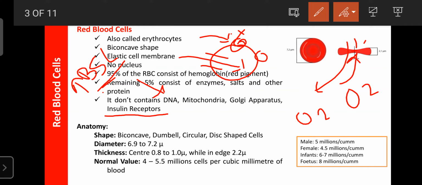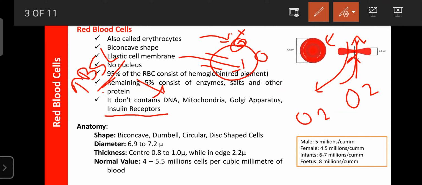Regarding thickness, at the center it is 0.8 to 1 micron, and at the edge of the RBC, because RBCs are circular, the edge thickness is 2.2 microns.